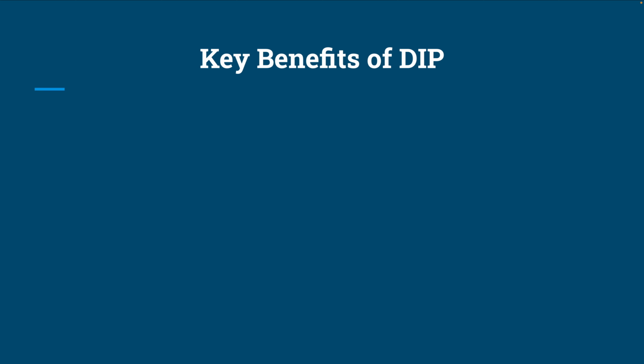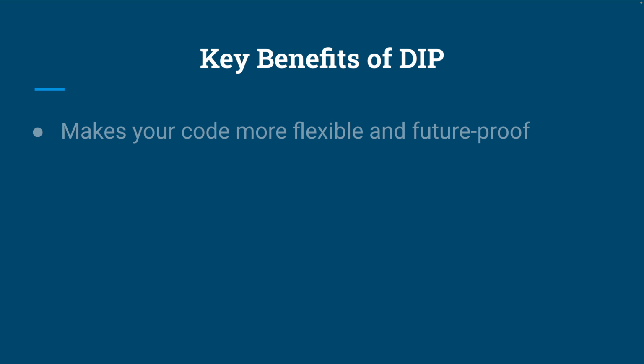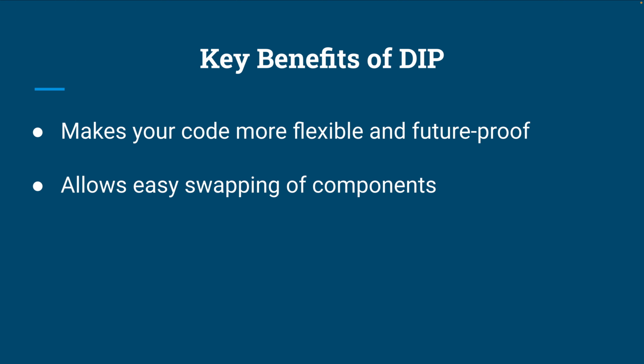Let's wrap it up with the key benefits of using the dependency inversion principle. First, it makes your code flexible and future-proof. You can update or replace parts of your system without breaking everything else. Second, it lets you swap components easily. Want to use a different backend, a mock data provider, a faster database?